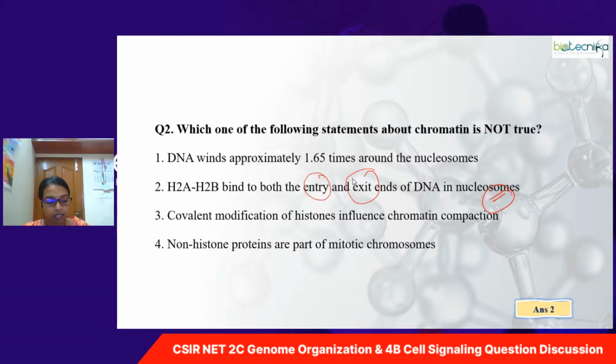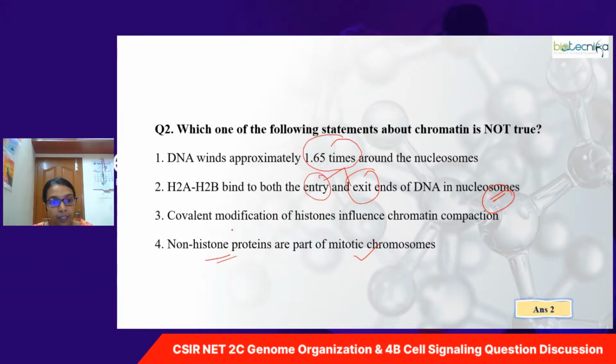In that case, which histone will be present in the entry and exit site? Can anyone tell me? Basically, the non-histone proteins, that is the regulatory proteins, are definitely a part of mitotic chromosomes. Wrapping is also correct, 1.65 times around the nucleosomes.